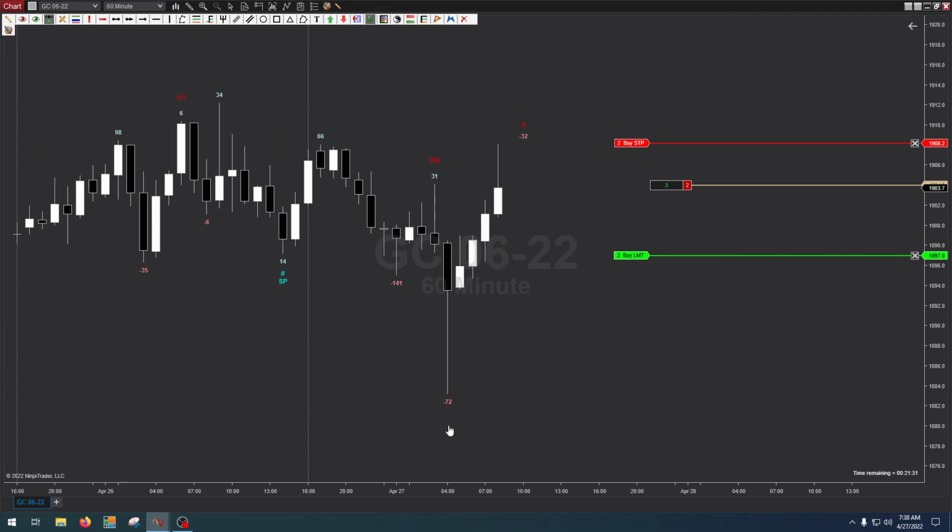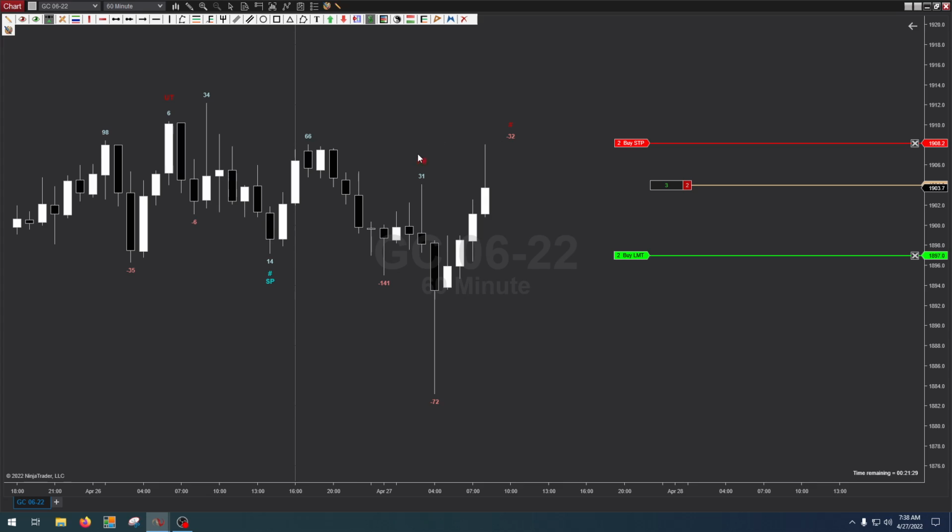On the hourly, we had a pullback short here. That was the current day trading high until this matched it. Up here we have a Stooges short and a negative volume delta here.